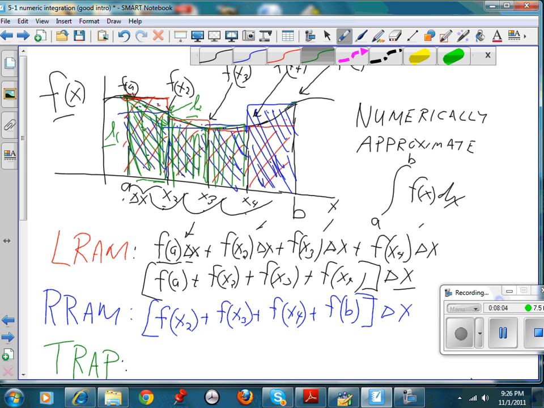So you can look that up, and if you go through adding up a bunch of trapezoids, all the way down to this one here, if you add up 4 trapezoids, you'll find this is exactly equal to the answer you got with the left rectangular method plus the answer you got with the right rectangular method, all divided by 2, which is nice. It gives you an average of 2 processes, so it's probably going to give you a better answer.